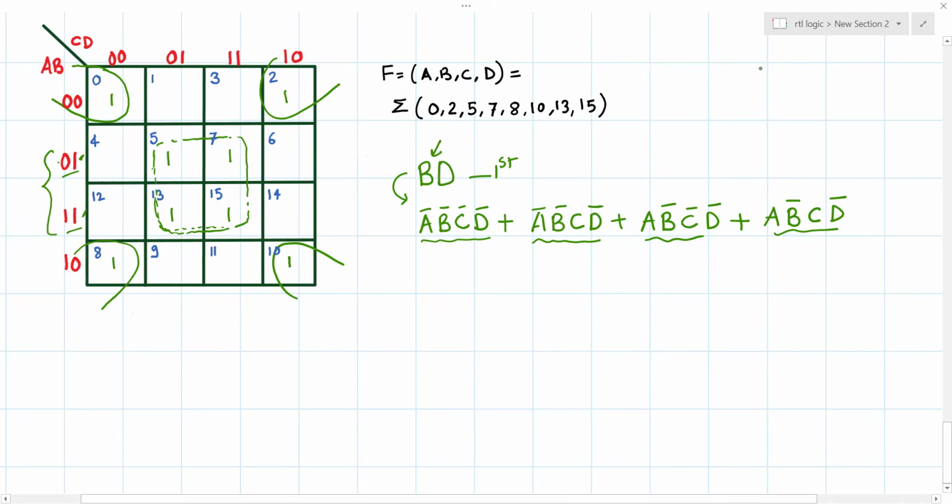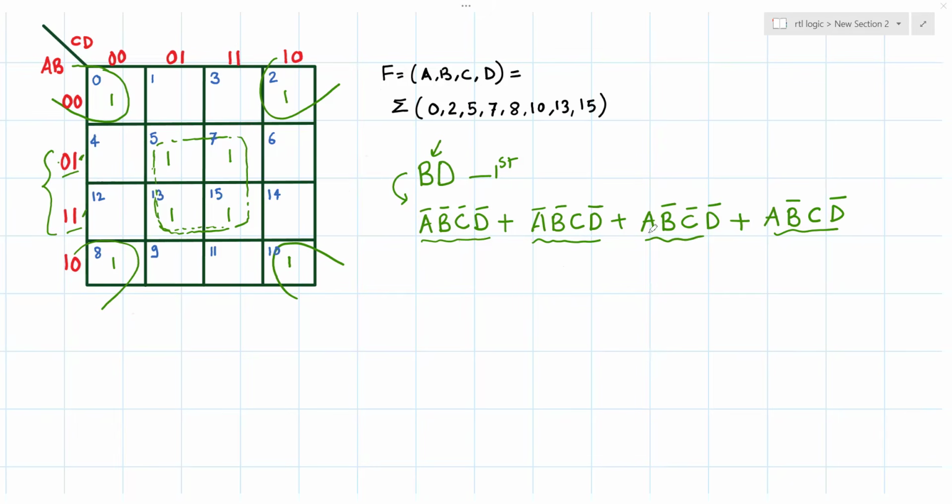But the purpose here is to see whether we can simplify this logic to the lowest possible expression. For that, we observe that here it is A bar, B bar, C bar, D bar. Here it is A bar, B bar, C, D bar. If you look at these two terms, you have C bar and C, so that gets cancelled, and what you get out of it is A bar, B bar, D bar.